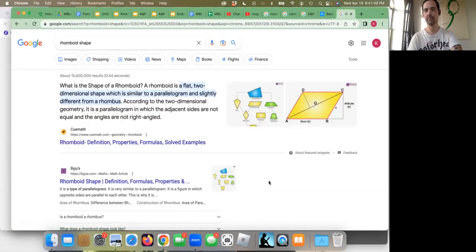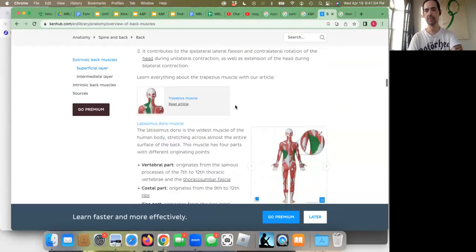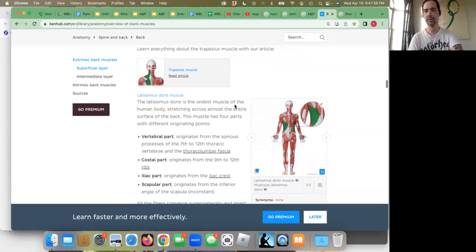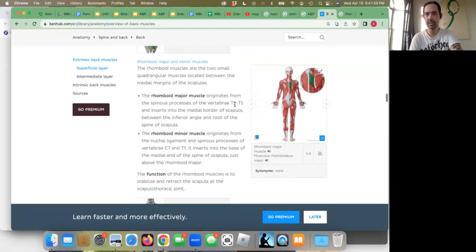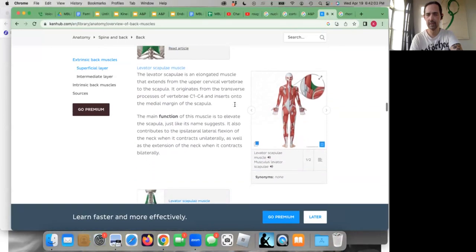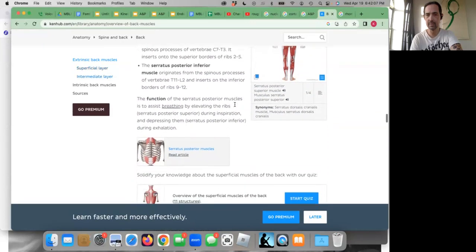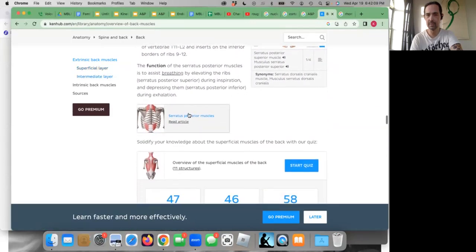And then if we were to look at the serratus posterior superior and inferior, we would see the fibers very clearly. Serratus posterior muscles, yes.